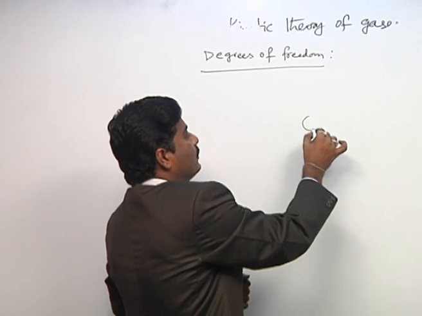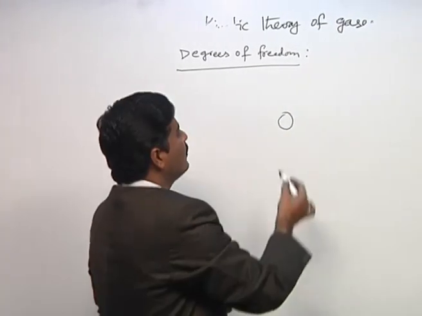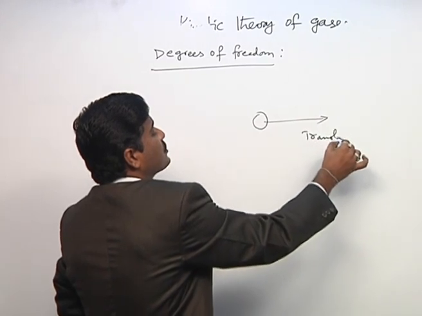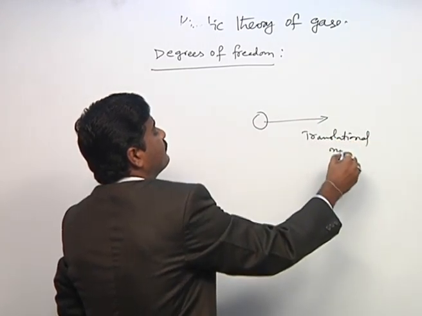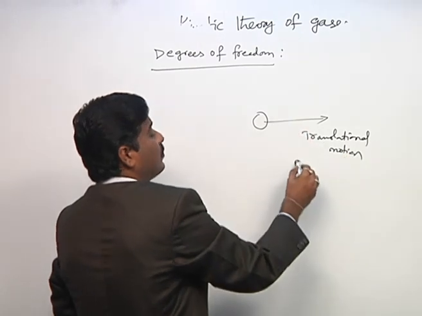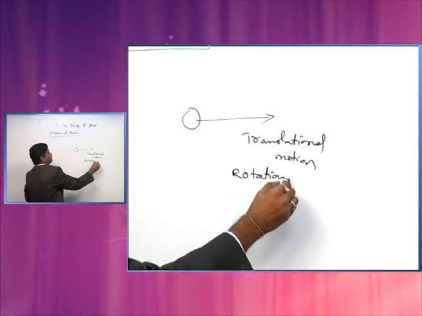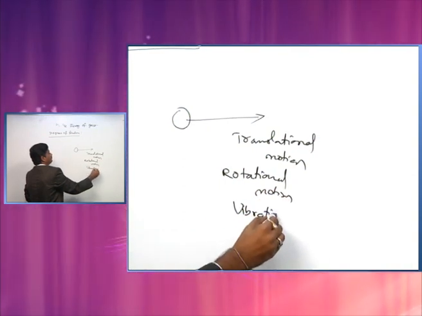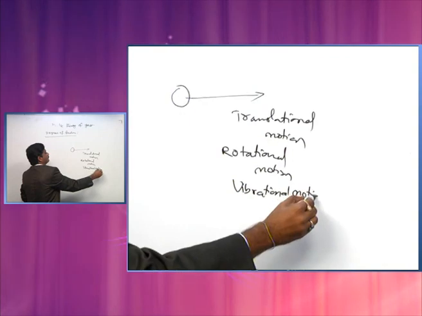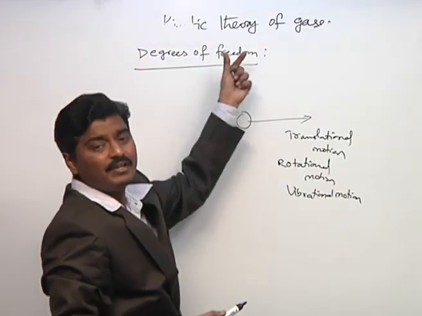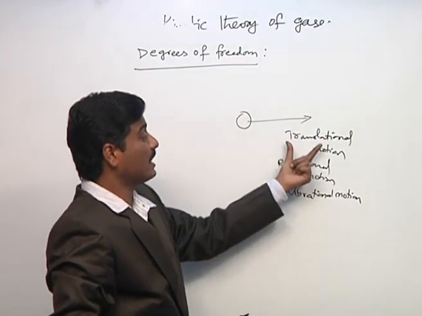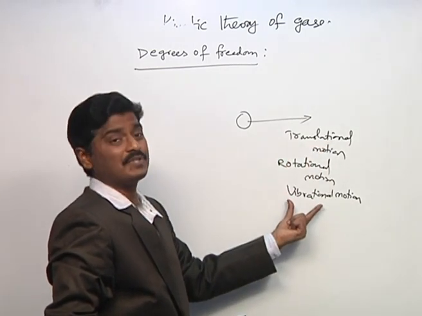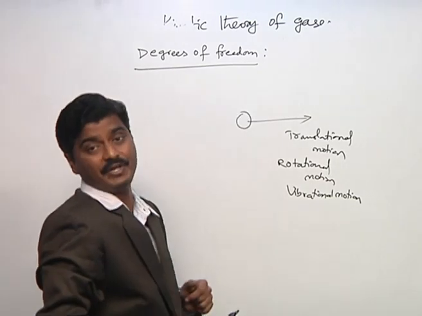Suppose it is a gas molecule, it will have so many components: some translational motion, some rotational motion, and also vibrational motion. This degrees of freedom explains the number of independent terms, including translational motion, rotational motion, and vibrational motion.